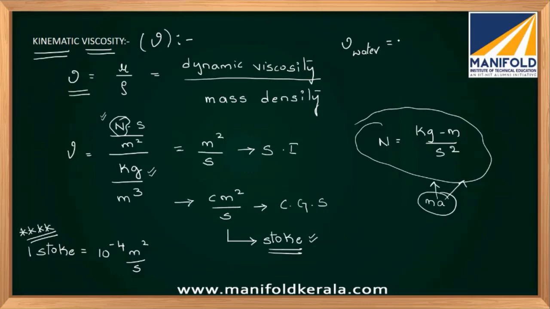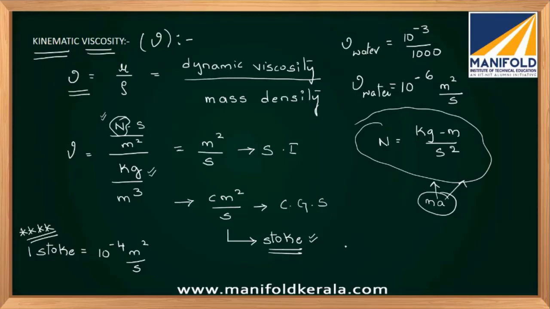Mu of water is 1 centipoise, 10 power minus 3 Newton second per meter square, divided by density of water 1000. 10 power minus 3 by 1000, what will be the value? 10 power minus 6 meter square per second. This is the kinematic viscosity of water.